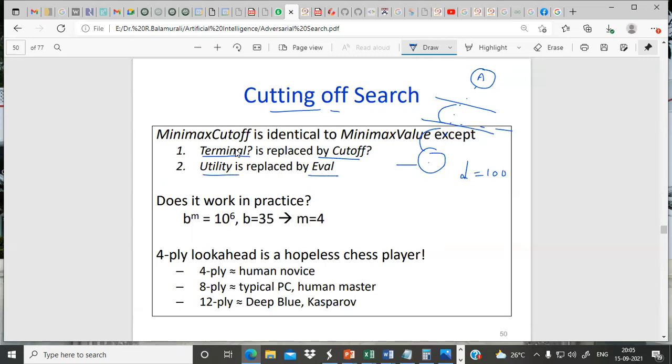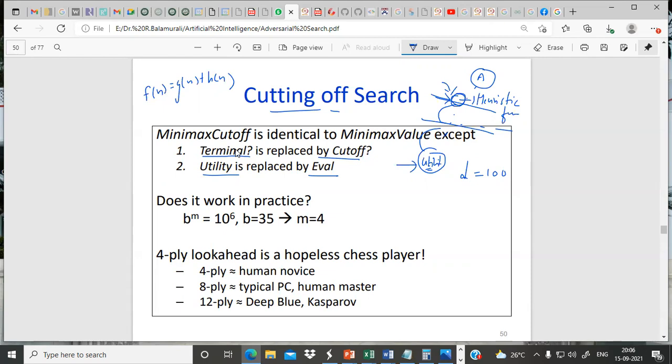At the terminal node, we have a utility value. If we don't go to the terminal node, we cannot use the utility value. Instead, at the cutoff node itself, apply some evaluation function. These evaluation functions are similar to the heuristic function which we already discussed. If you recall, f of n is equal to g of n plus h of n. Similarly, here you use some heuristic function to estimate the value of this particular state.